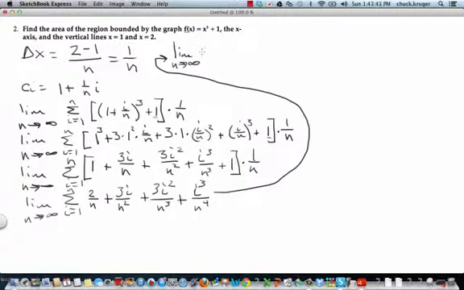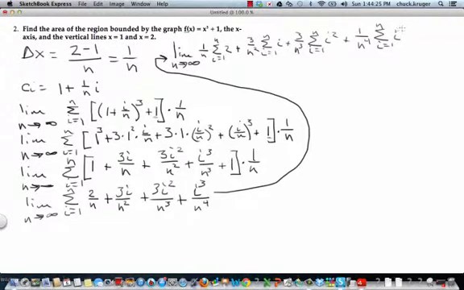The first one is going to be 1 over n times the summation of i equals 1 to n of 2, plus 3 over n squared times the summation of i equals 1 to n of i, plus 3 over n cubed times the summation of i equals 1 to n of i squared, plus 1 over n to the 4th times the summation of i equals 1 to n of i cubed.